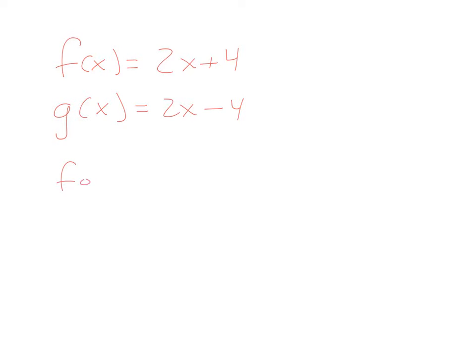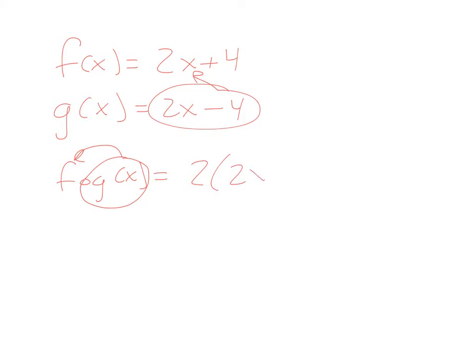Okay, so let's do that again. Let's pretend like a student says this function 2x plus 4 has been given to them, and they for some reason think that the inverse of 2x plus 4 is 2x minus 4. So we try f composed with g of x, and we take g then and put it into the f function, which would look like this: 2 parentheses 2x minus 4 plus 4.